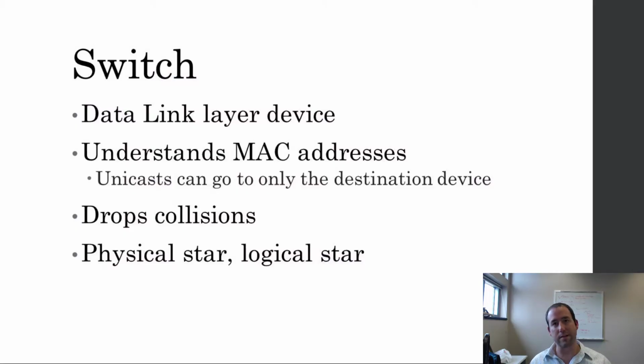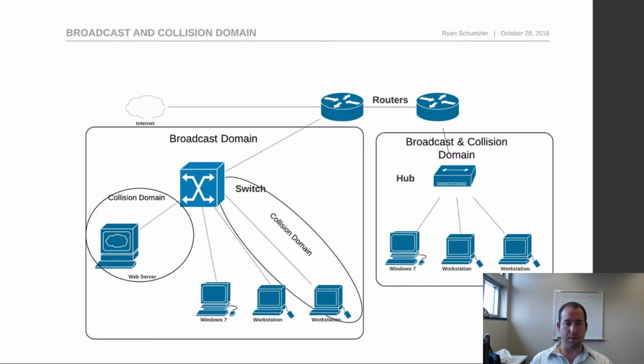The other devices can handle reliability, again, at the transport layer or the application layer if they want to. So a switch, while it looks more or less the same as a hub, creates a physical star and a logical star network. Each of those devices is essentially separated from the others instead of logically being on the same network segment.